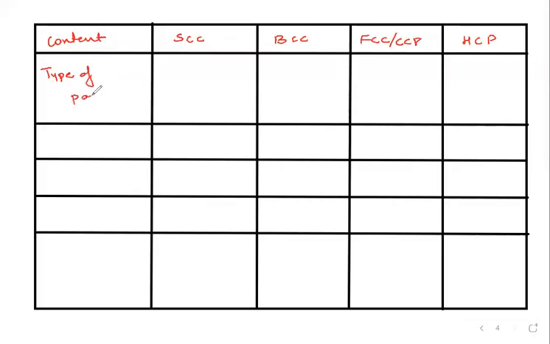Type of packing present. Here it is called A type packing, correct? BCC you will say AB.